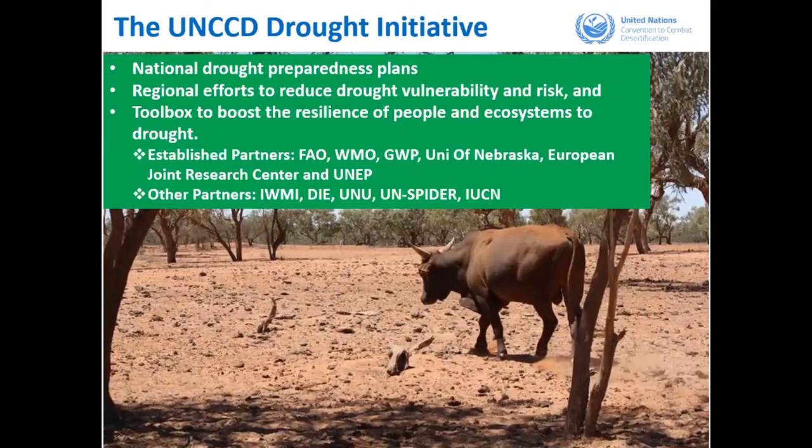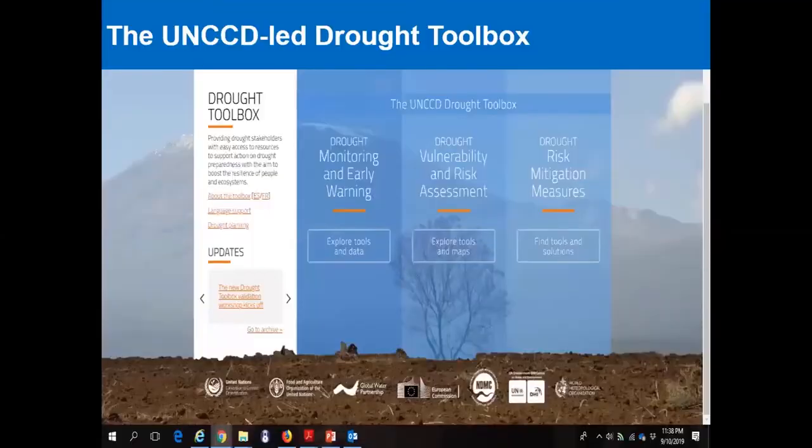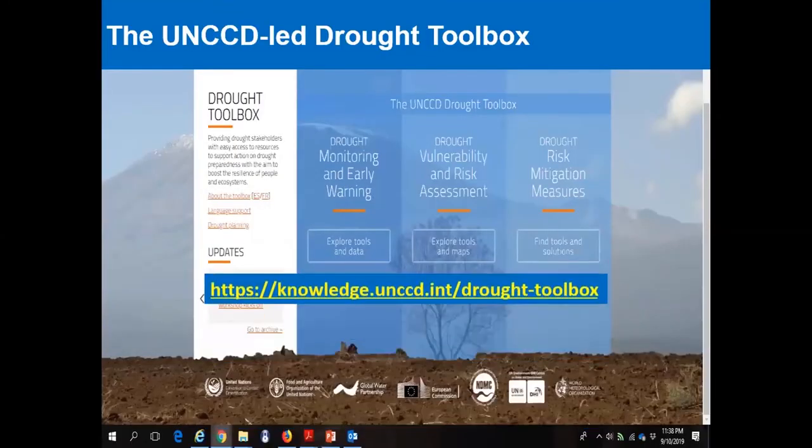to prepare for drought. We are also working on regional efforts to reduce drought vulnerability and risk, because countries can learn from each other, especially countries in a specific region. Drought doesn't know political boundaries, so countries can learn from each other, especially neighboring countries. And the toolbox has been well explained by my colleague. This is the UNCCD drought toolbox that you can also click on.